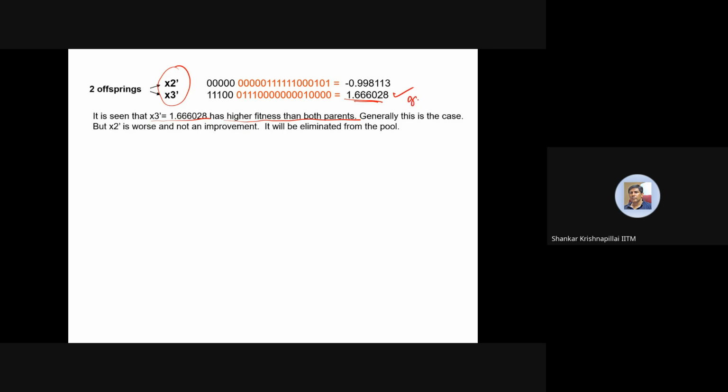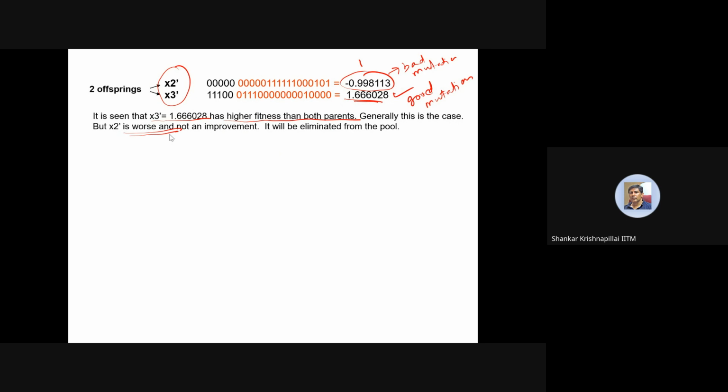So this is a good mutation. But unfortunately, the other one is a bad mutation because this particular offspring has a slightly worse objective function value than both the parents.